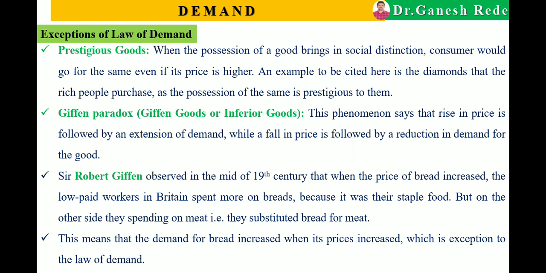They had a choice of substituting bread for meat, either purchasing bread or meat. But when the price of bread increased, they paid more money on bread, because it is their staple food, irrespective of purchasing meat. This means that the demand for bread increases when its price increases, which is an exception to the law of demand. So these are the two exceptions.